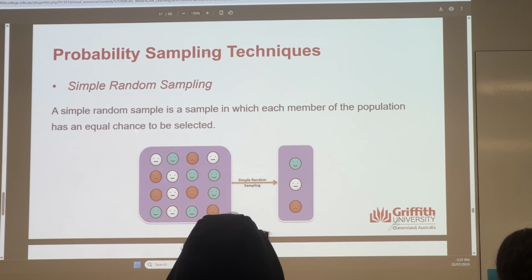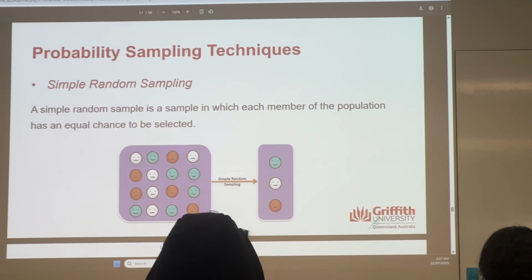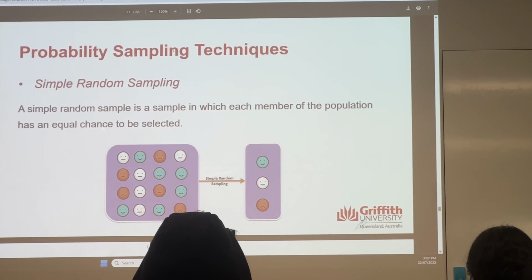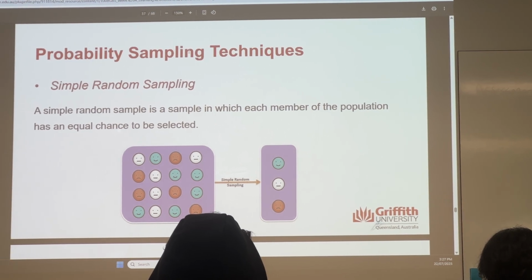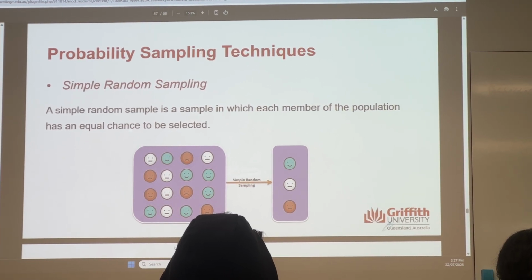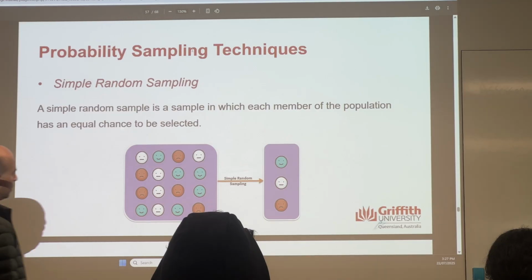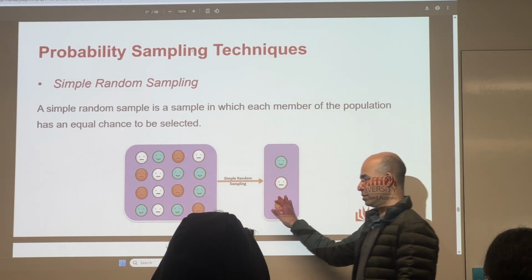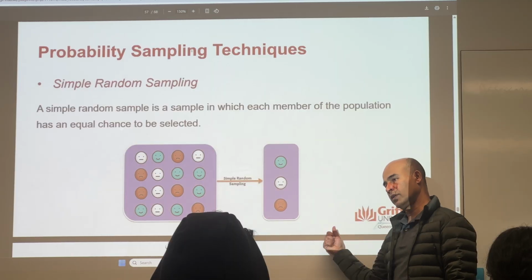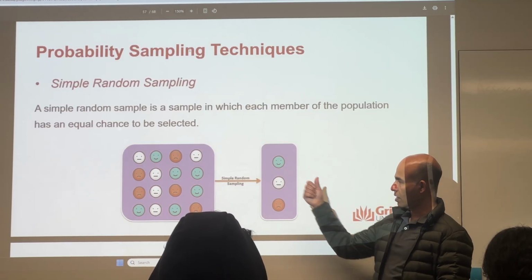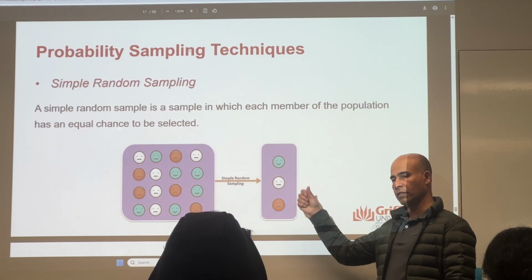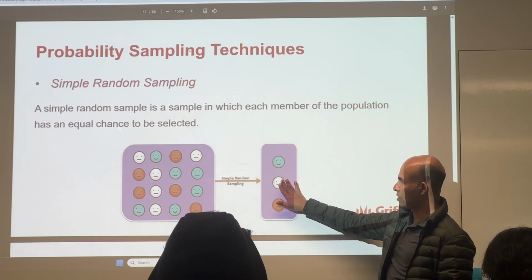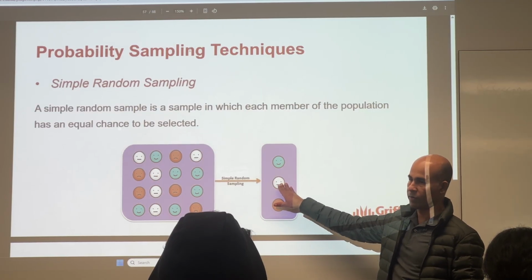So simple random sampling means you are picking your sample randomly from the population. Suppose that you have to pick 3 balls from this box. So this is the population, and you pick 3 balls. That means you pick randomly 1, and then the second one randomly, third one randomly. So this is a simple random sample.